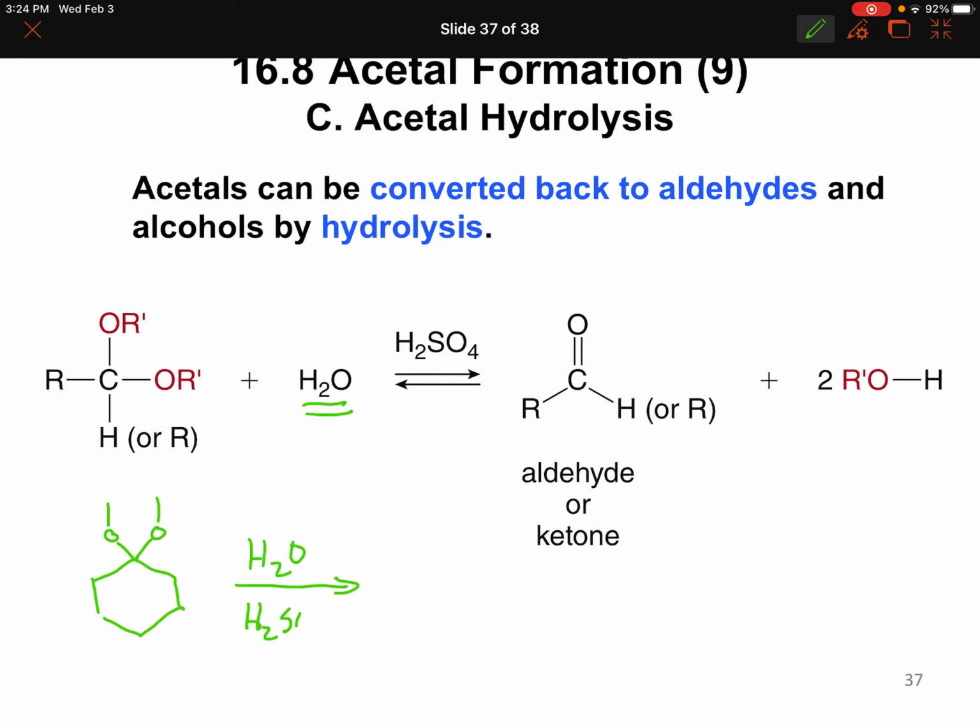Treating that acetal with water and H2SO4 gives us back our ketone and our two equivalents of methanol there.